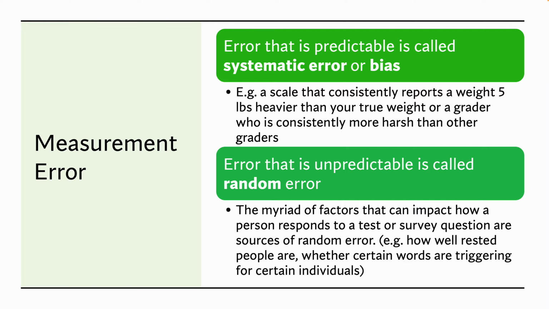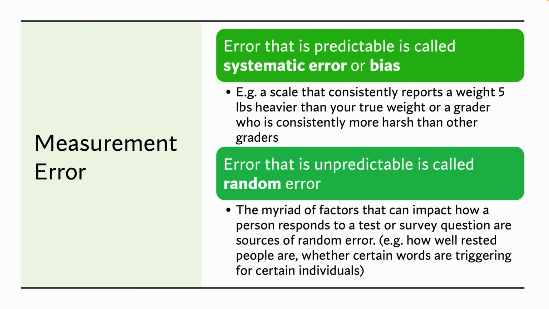If you set up a data collection process well enough, you'd be able to quantify and say, okay, this person X has a bias to be slightly more harsh, and we might want to adjust for that.